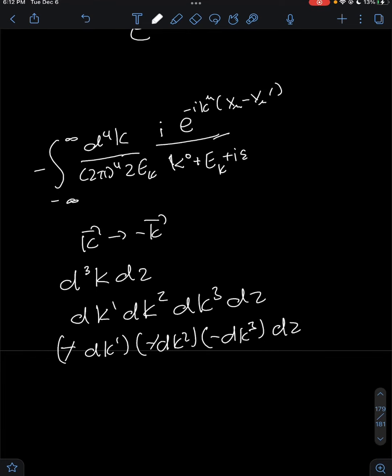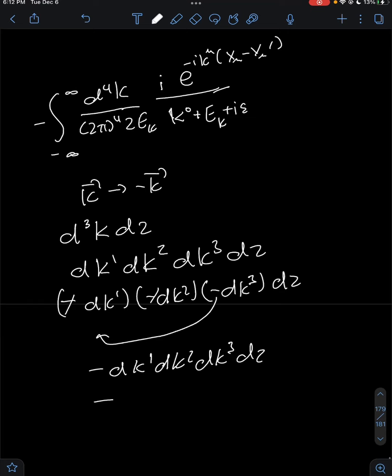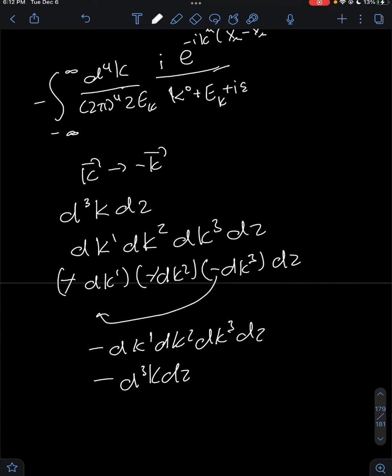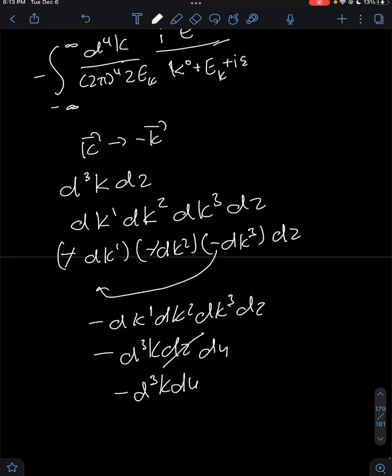And these give us a negative sign in the front, to get negative dk1 dk2 dk3 dz, or just minus d3k dz. And then when we let dz just be du, we have minus d3k du, and that'll just give us a minus d4k.